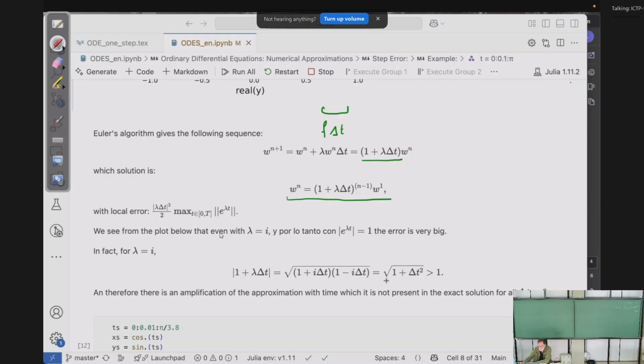And this number is bigger than 1, right? So this number is going to grow with the power of this. And this is what we see here in the graph, just what we were seeing.